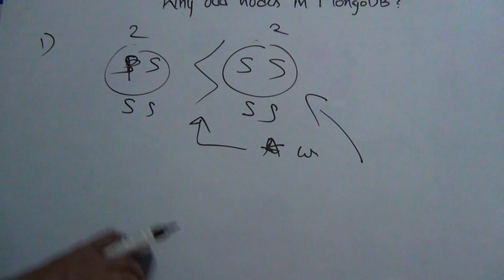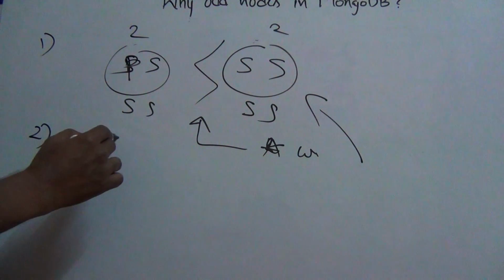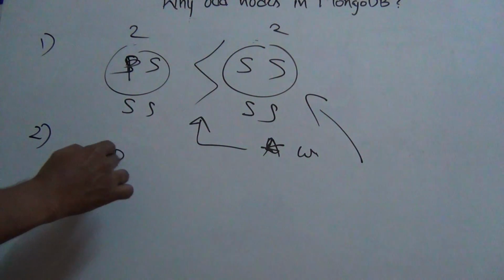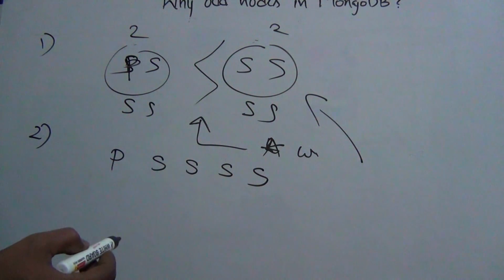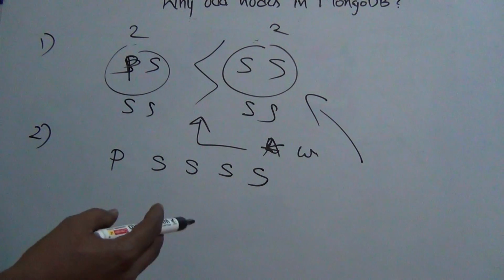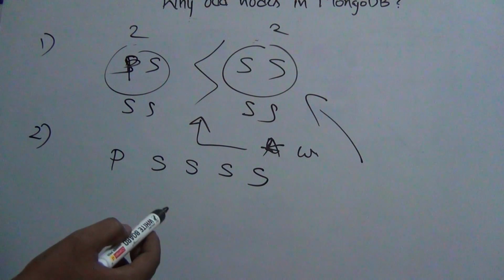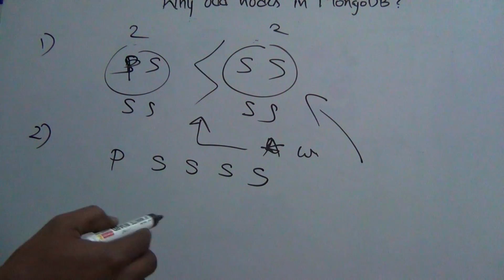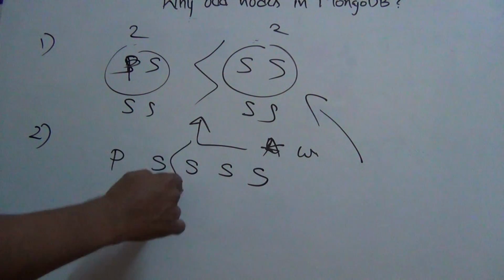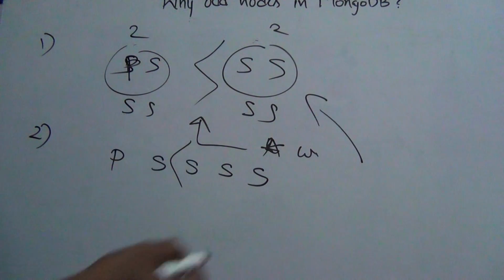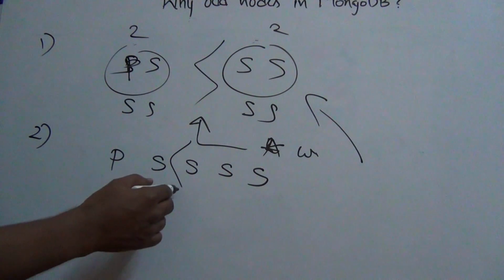Now let's see a 5-node replica set: primary, secondary, and so on. In this replica set, whichever way the network partition happens, you will see either 2 and 3, or 3 and 2. There's no other way.